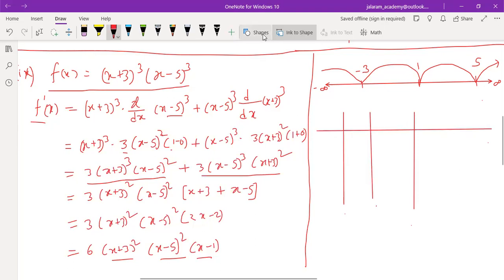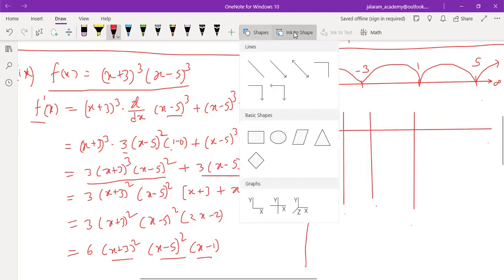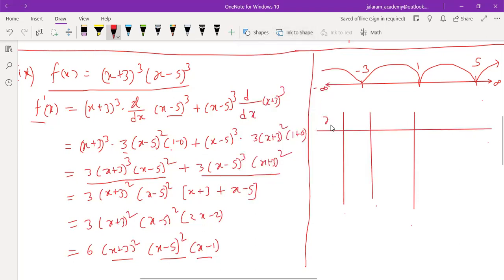So first of all, write the intervals. First is x less than or equal to -3. Second, x lying between -3 to 1. Third, x lying between 1 to 5. Fourth, x greater than or equal to 5.